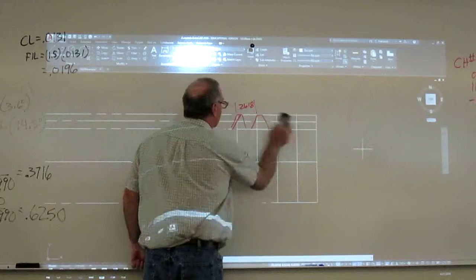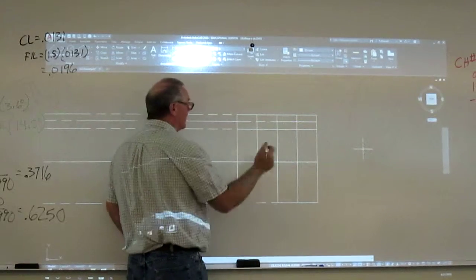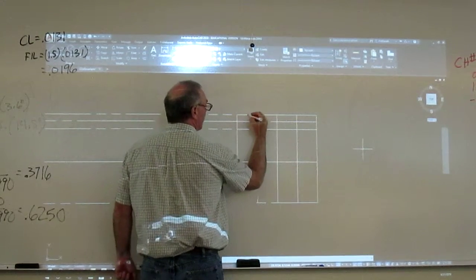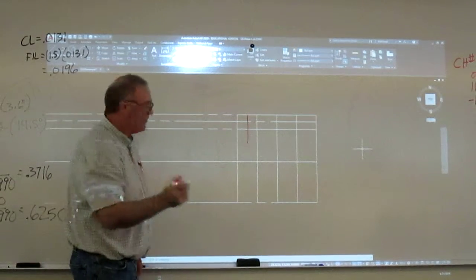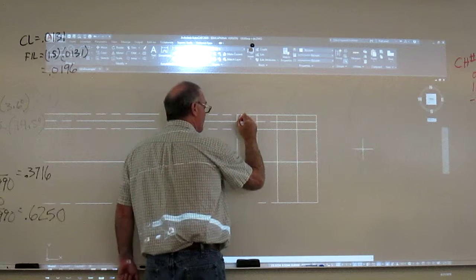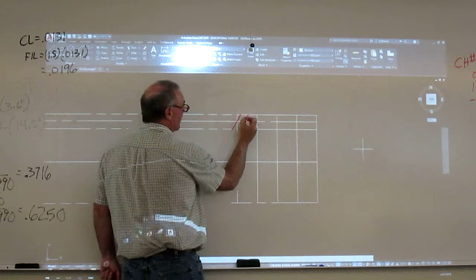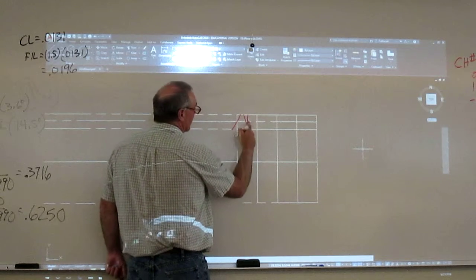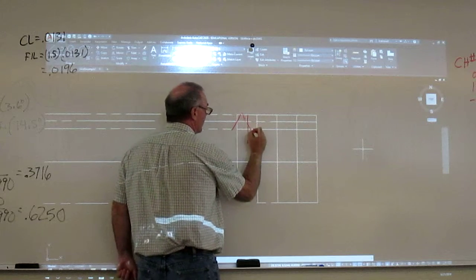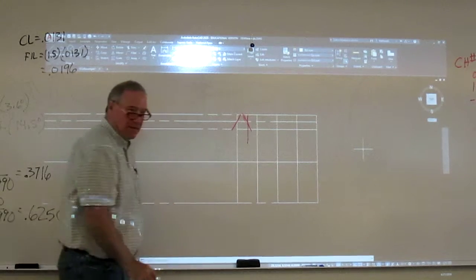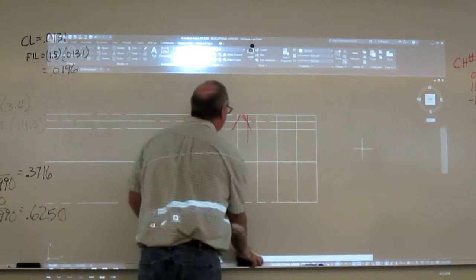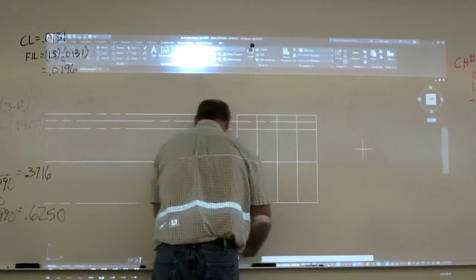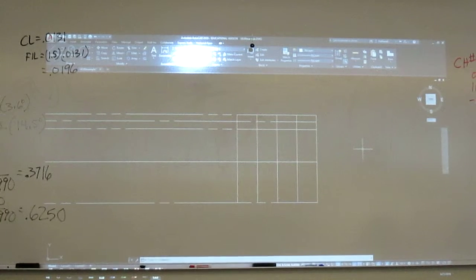Okay? So we've got pitch out here. What we're going to do is we need to get a line halfway in between these two like this. Okay? Half of pitch. Then what we're going to draw is a 14.5 degree line that goes through pitch there, 14.5 degree line that goes through pitch here, and that will be our tooth profile. Okay? So that's how we do that. So that's step C and E on the example.